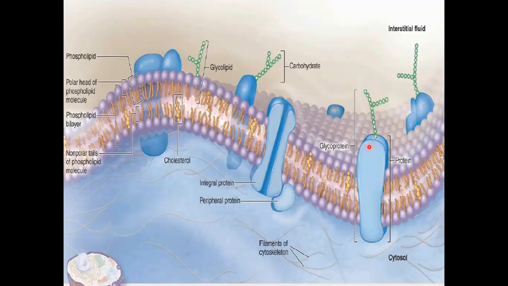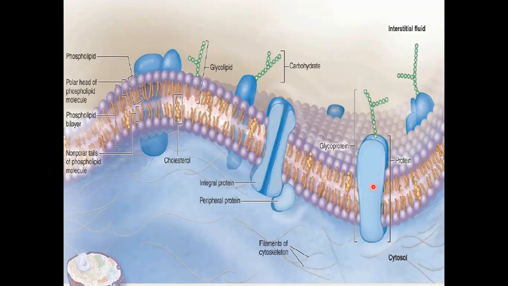Then the outer region will bend and move towards the inner region, whereas the inner region will move in the opposite direction from the inner of the cell to the outer of the cell. And that way, substances that were attached on the outer part of this protein will move inside the cell, and substances that were attached to the inner part of this protein will be transported to the outside of the cell.